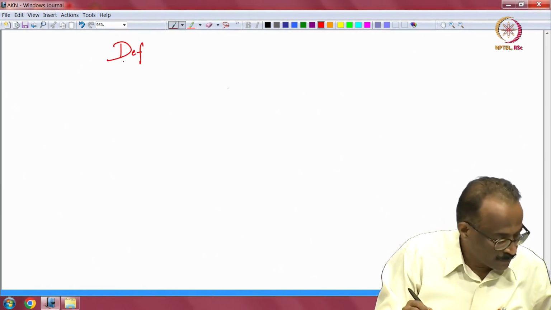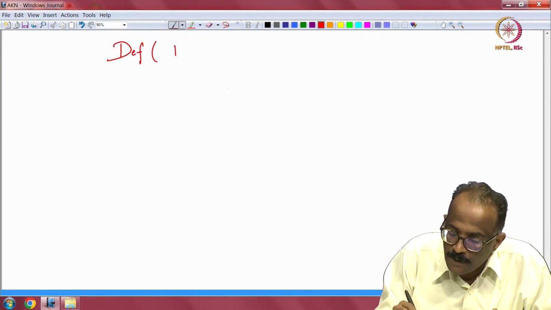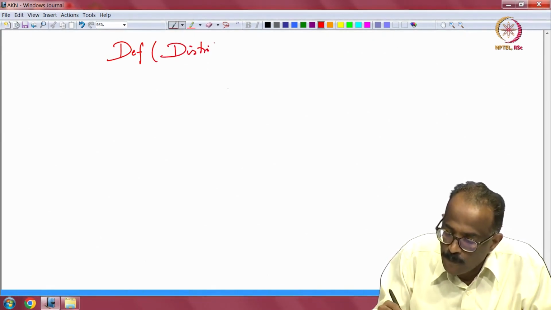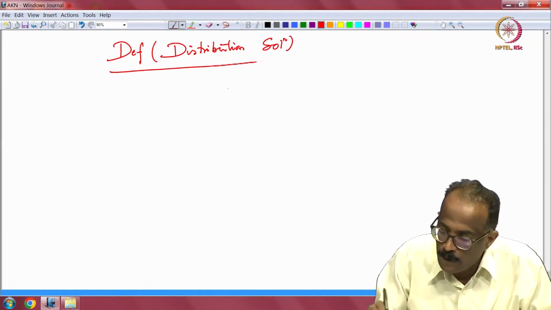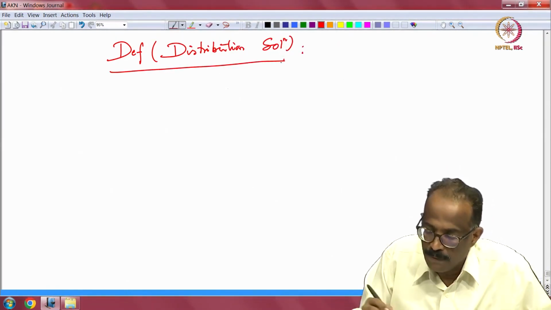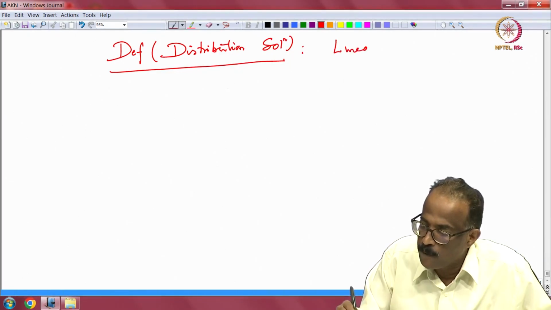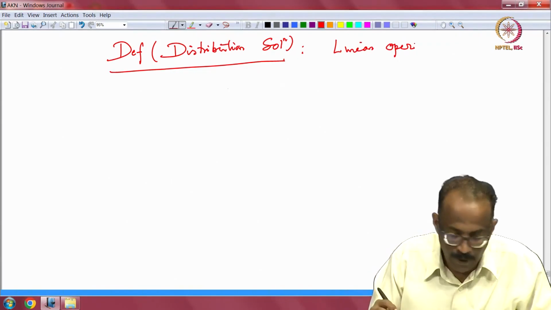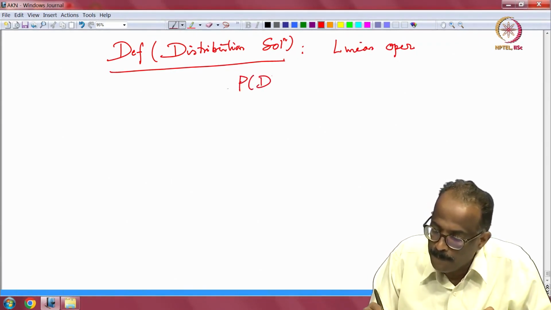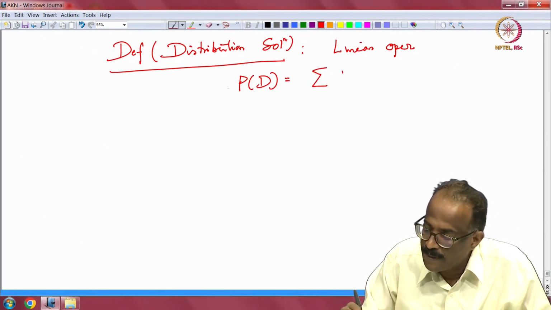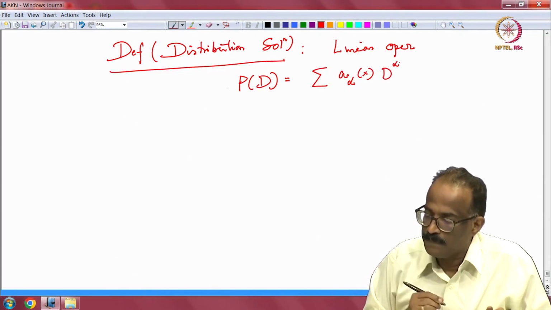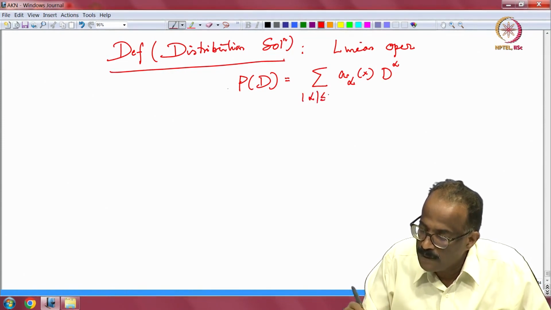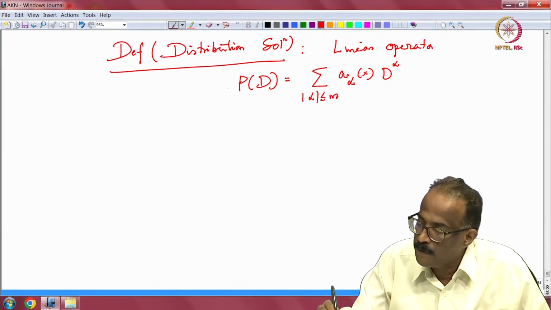Definition, distributional solution. Define a linear operator PD, equal to sigma A alpha of x D power alpha, mod alpha less than or equal to m, a linear operator of order m.